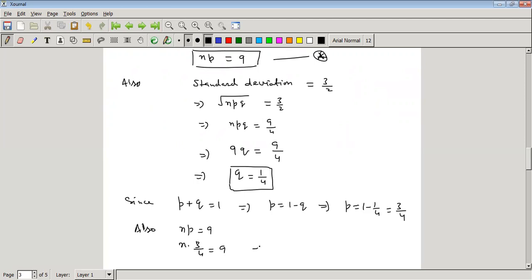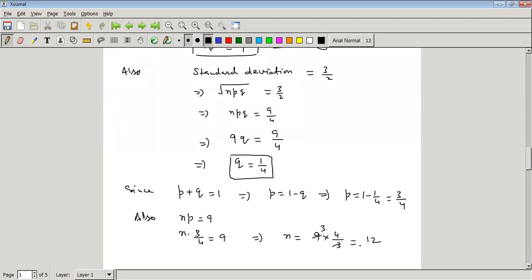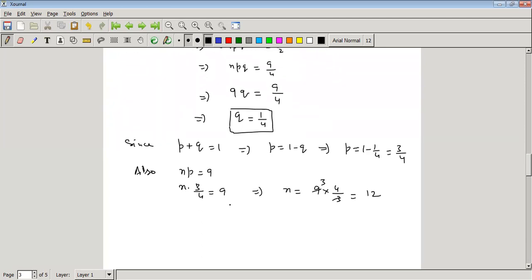So this implies that N is equal to 9 into 4 by 3. So N equal to 12. So now we have P as well as the parameter N. So N is equal to 12 and P is equal to 3 by 4.